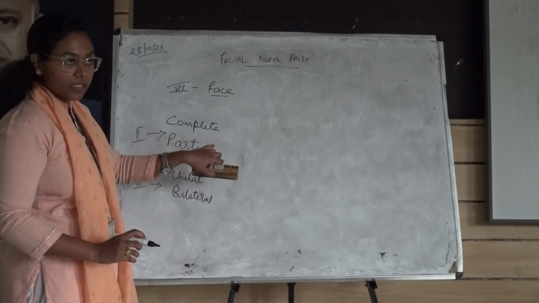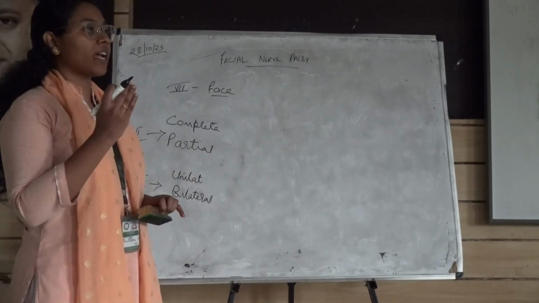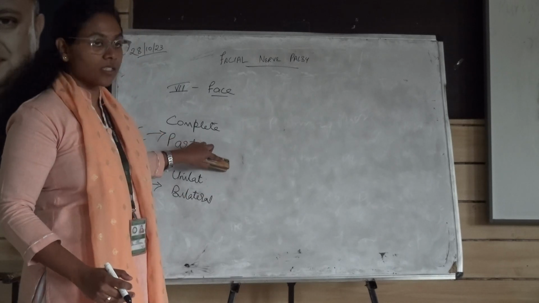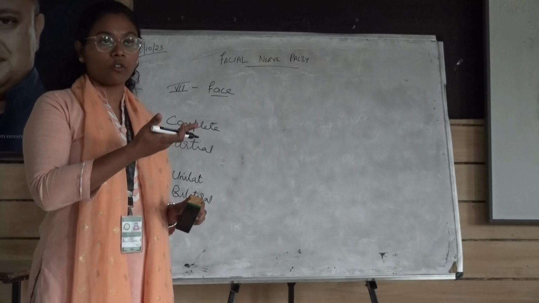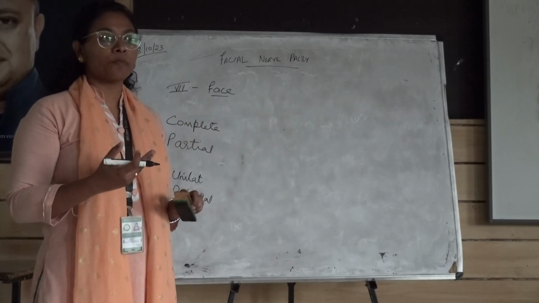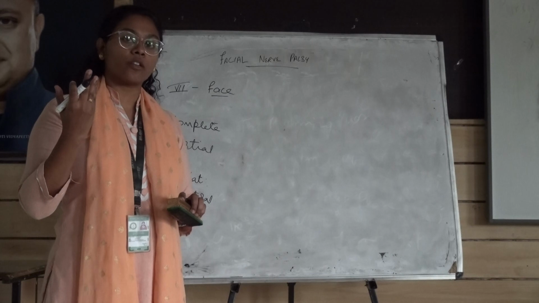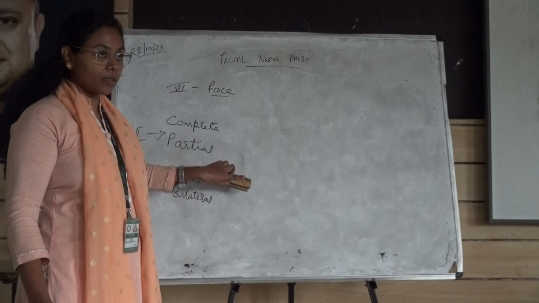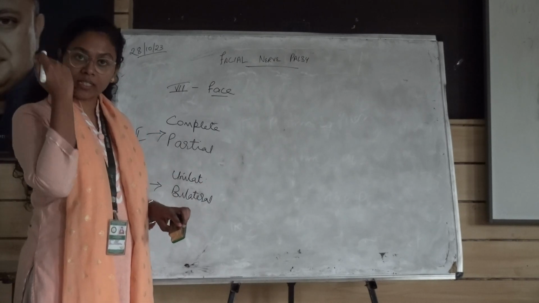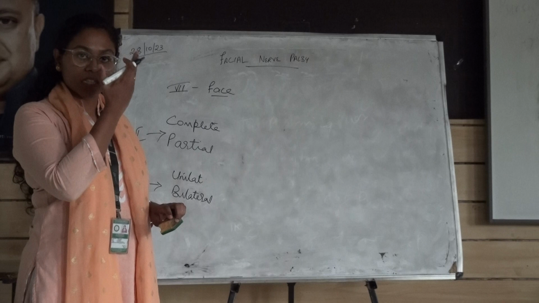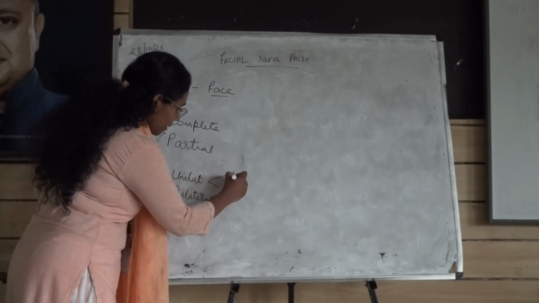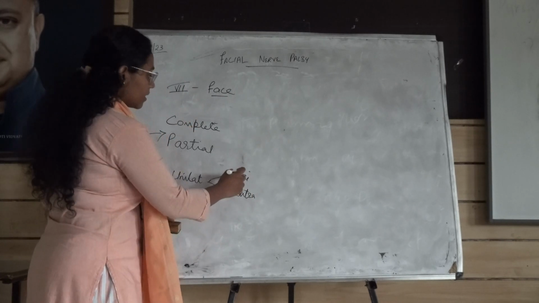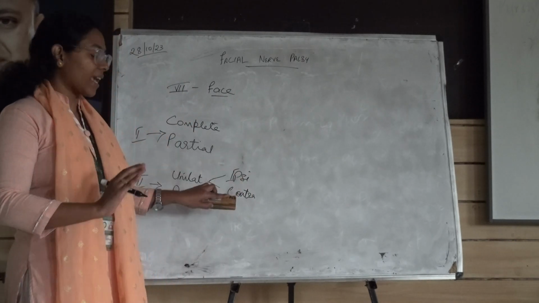Complete facial nerve palsy is the facial palsy that paralyzes your complete face, and partial paralysis is when half of the side of the face gets paralyzed, or we can say the ipsilateral or contralateral side of the nerve lesion gets affected here. In unilateral, ipsilateral and contralateral are the classifications.